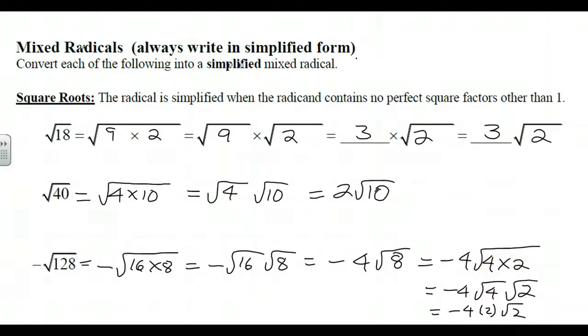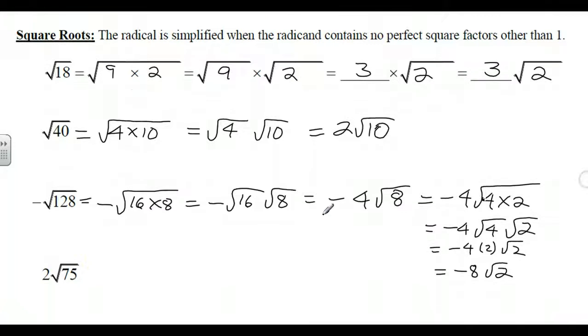Okay, so let's do this the efficient way. Negative root, so we're going to go with the largest, which is 64. 128 divided by 64 is 2. So it's negative root 64. We split the 128 into a product, right? Write it as a product of two numbers, the first one of which is a perfect square.